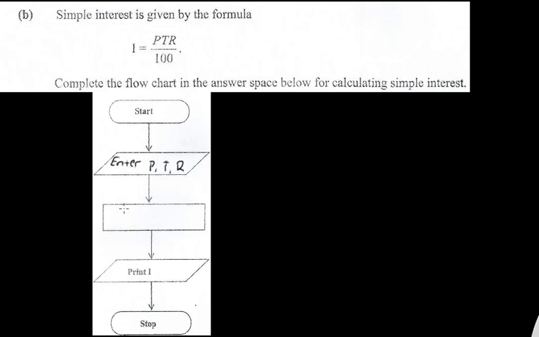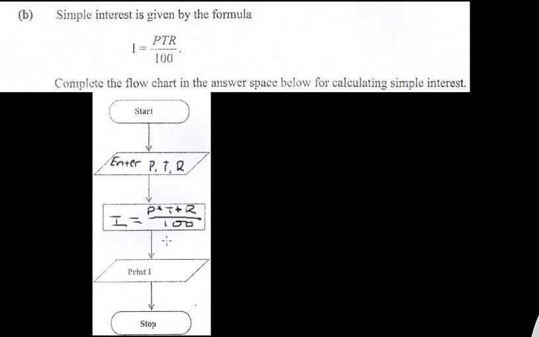Then this is showing an action that is taking place. So I equals P star T star R over 100.